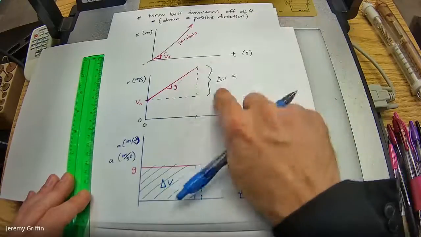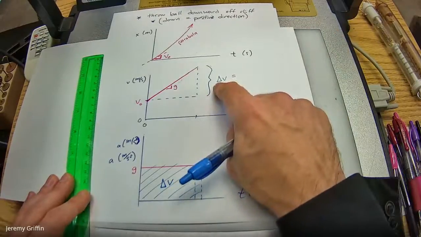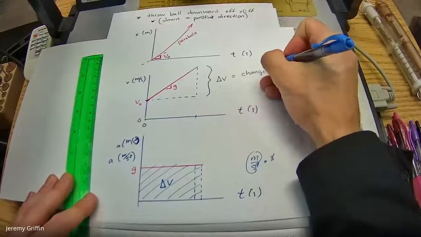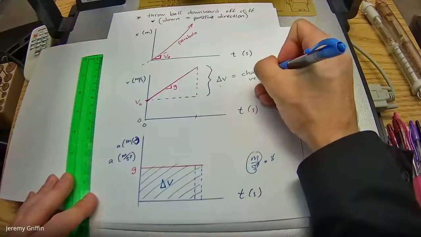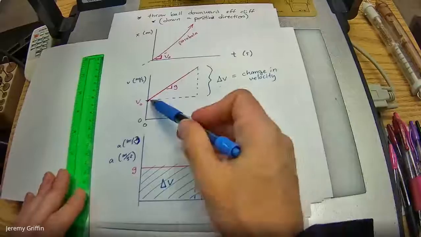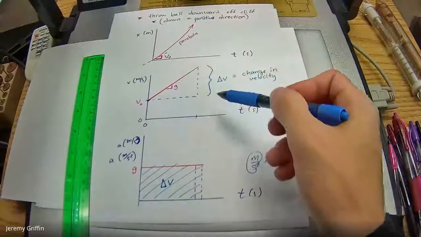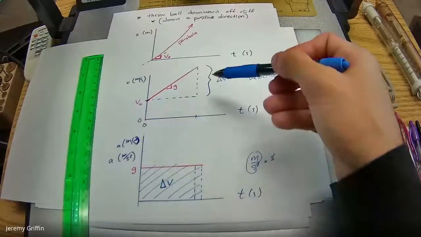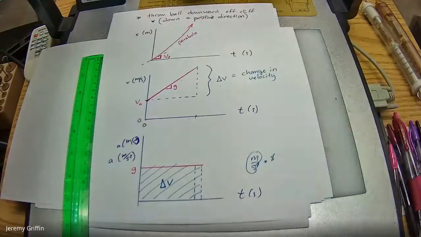So delta V, you know that triangle is the Greek letter delta, means change in. So this actually means change in velocity. Okay, so you threw it at some initial speed, it increased its speed due to falling in the gravity field for some time, which is represented by this rectangle, and that represents the change in velocity.